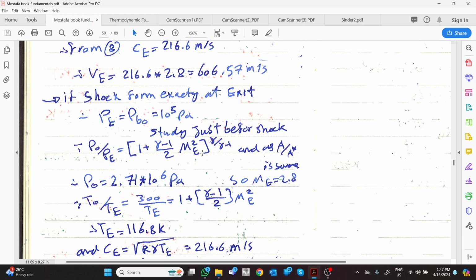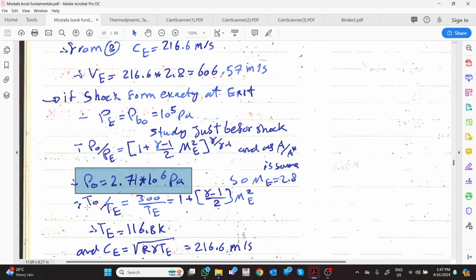To calculate the numbers, of course, there is a condition here: as A over A star is not changed, the Mach number at exit is the same. It is 2.8. So put 2.8 here, P exit, P naught becomes P naught. So when the tank pressure becomes this number, a normal shock will happen at the exit.